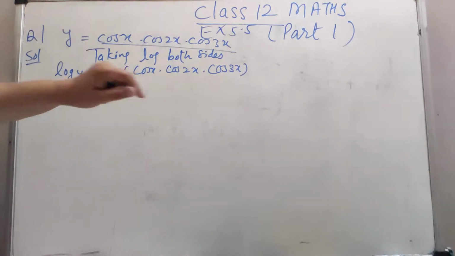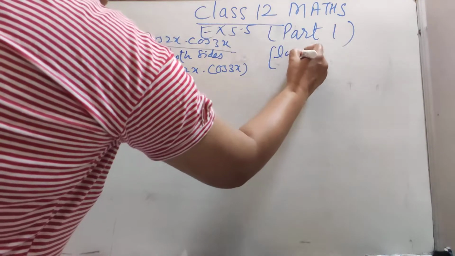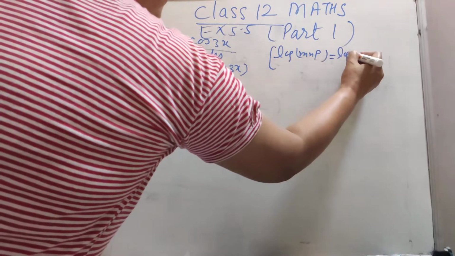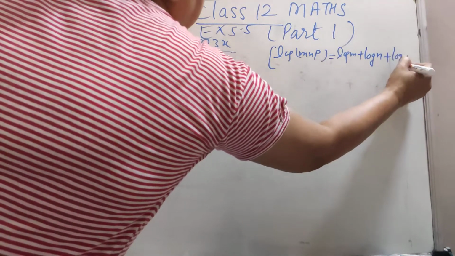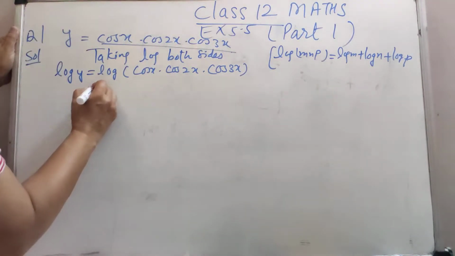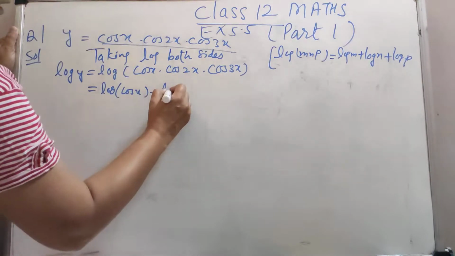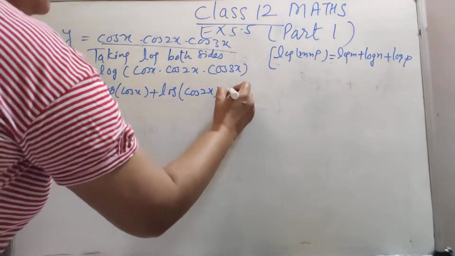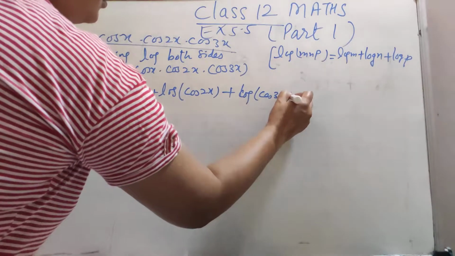So what is the rule of the logarithm? That means log of m n p is equal to log of m plus log of n plus log of p. It means first is log of cos x plus log cos 2x plus log cos 3x.